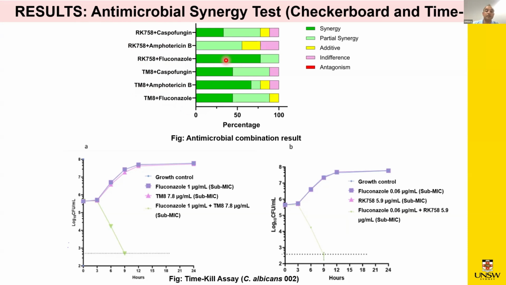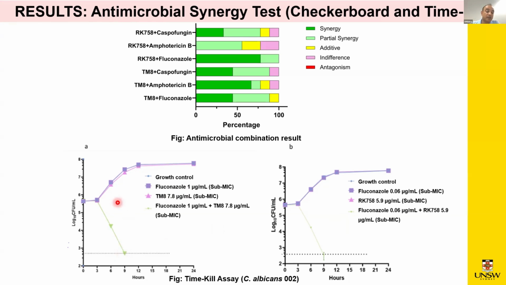To further confirm this combination outcome, we did another method, a time kill assay, using one particular strain of Candida with fluconazole and TM8 or RK758. We found that at the synergistic concentration, the Candida load decreased from 10 to the power 5 to 10 to the power 2, around a 3 log reduction.